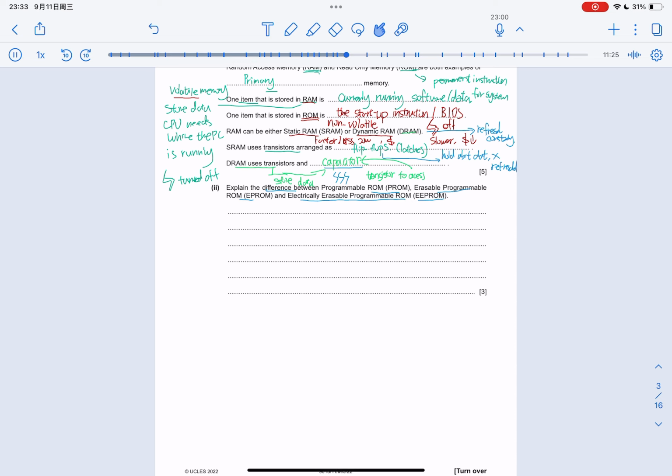First we have the difference between PROM, EPROM, and EEPROM. For this we have 3. Okay, let's start from the first one.